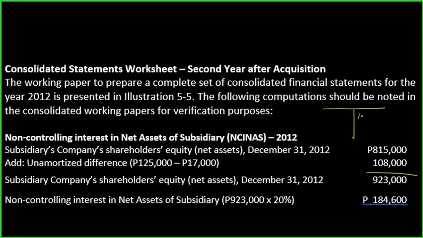It's 152,800. Okay? And then for this year, it's 43,800 yung minority interest net income. Ito yung beginning balance natin, no? And then yung share sa dineclare na 60 times 20%, you will have 12,000. So you should get 184,600.